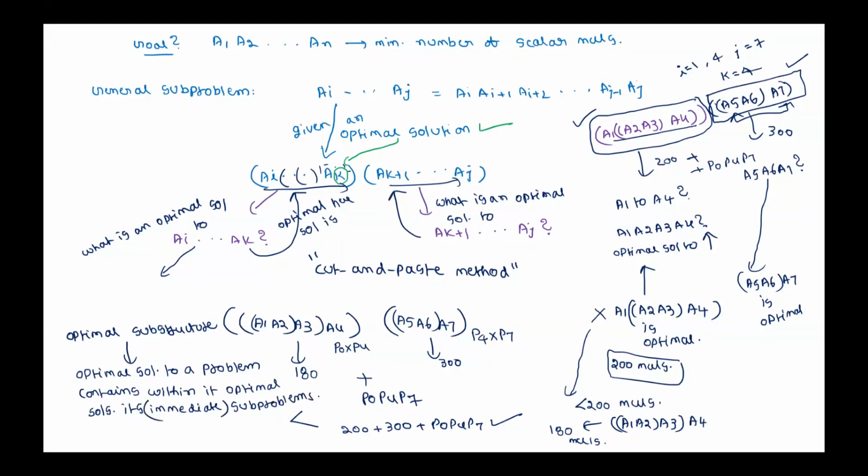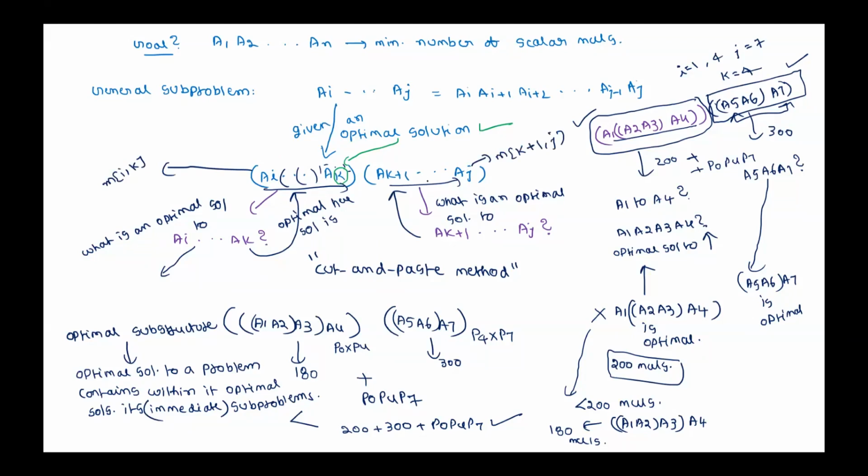What is the advantage we get if it has optimal substructure? The optimal solution to a problem contains within it optimal solutions to its subproblems. By exploiting this optimal substructure, one subproblem's answer is known. What is the optimal solution for Ai to Ak? It is m[i,k]. What is the optimal solution to the other? m[k+1,j]. This is the minimum number of multiplications to do this.